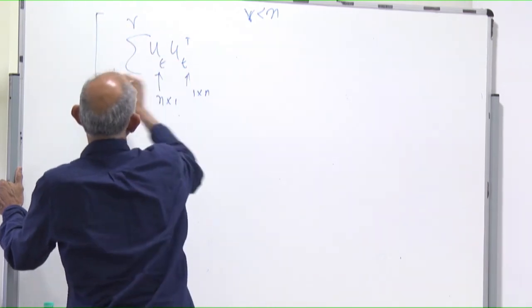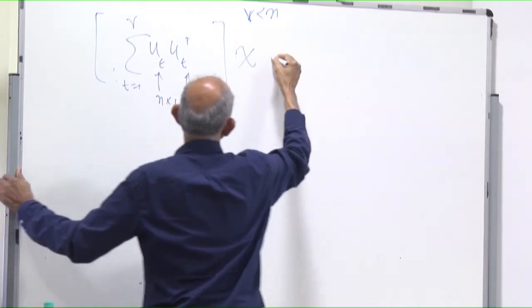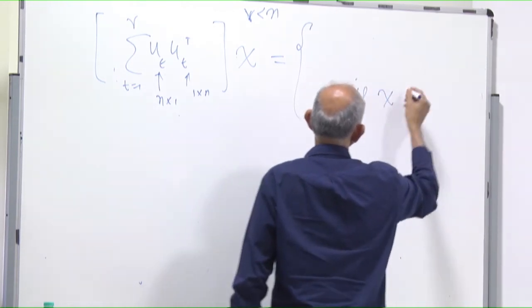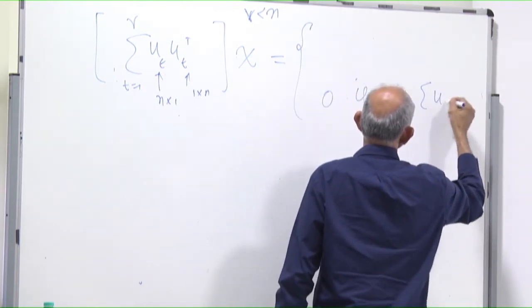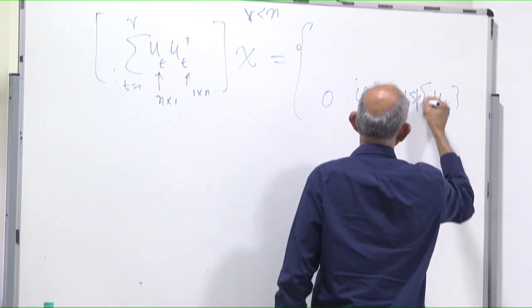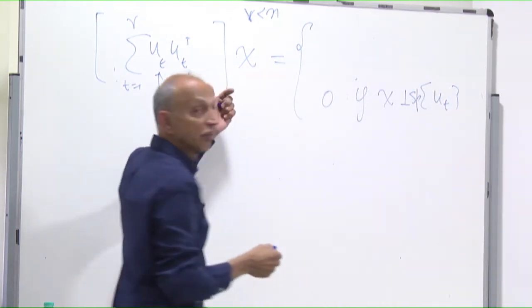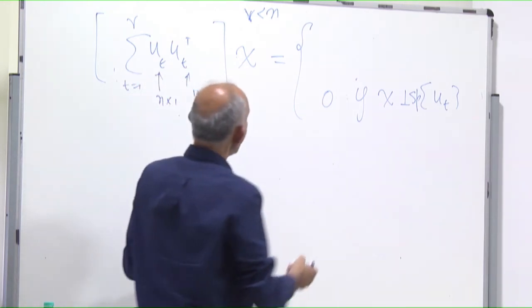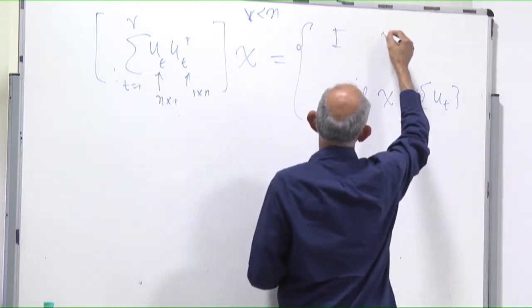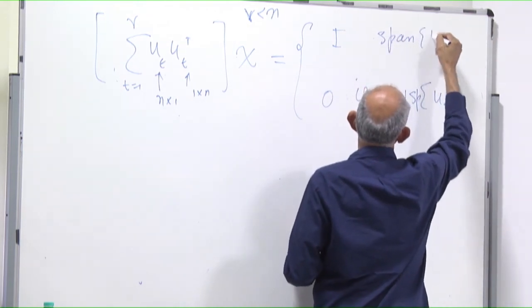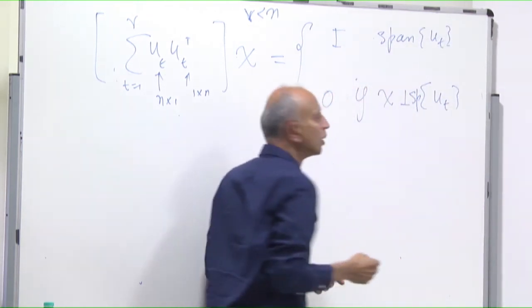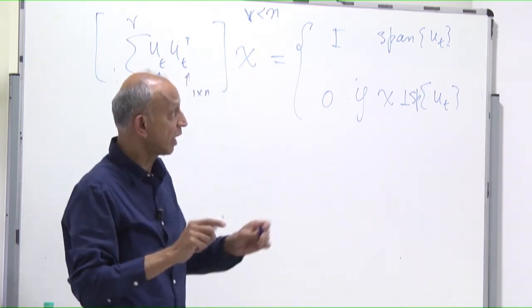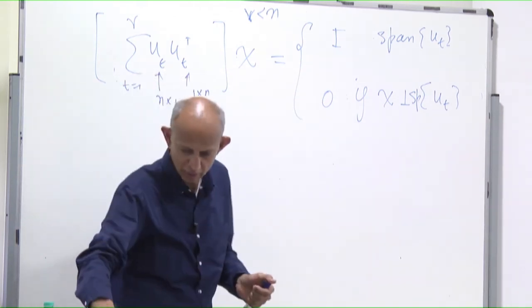So this acting on an x gives 0 if x is orthogonal to the span of the U_t's. If I have something orthogonal to all the U_t's, it's 0, right? Because it makes a 0 dot product. And it's the identity on the span of the U_t's. That's just a proof you have to write down, right? So it is identity, but on a subspace.